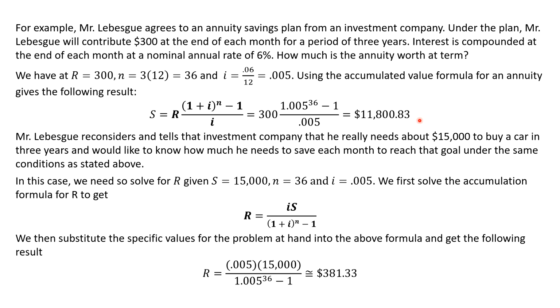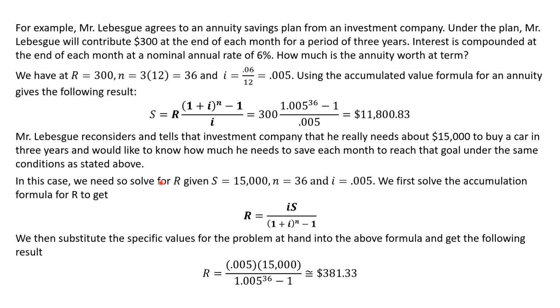Then let's say Mr. LeBay reconsiders and tells the investment company that he really needs about $15,000 to buy a car in 3 years, and would like to know how much he needs to save each month to reach that goal under the same conditions.